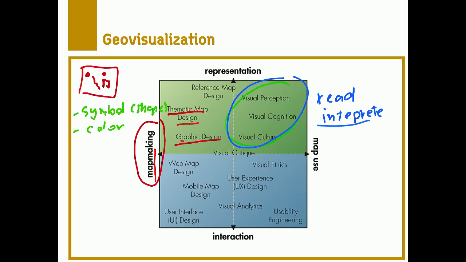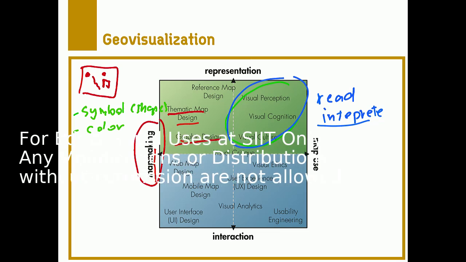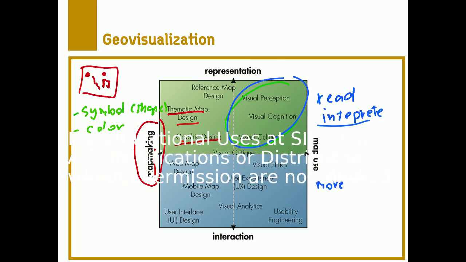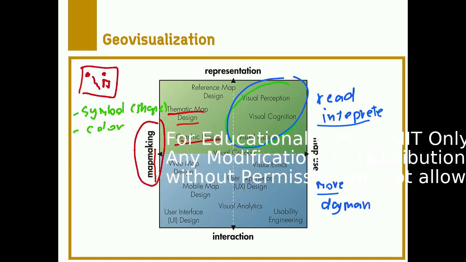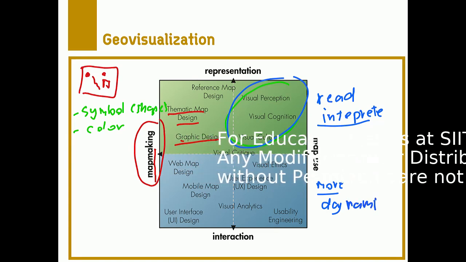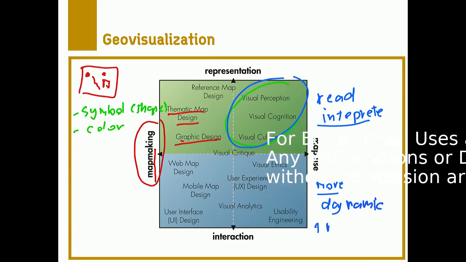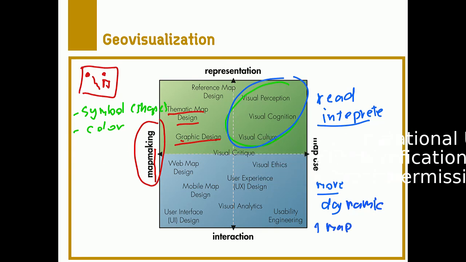So for the interaction, it means that the data can be moved or dynamic. So not only one map, but it can be like trajectory data. The user can select, deselect, like you use in your QGIS, right? You can select or deselect the layer.